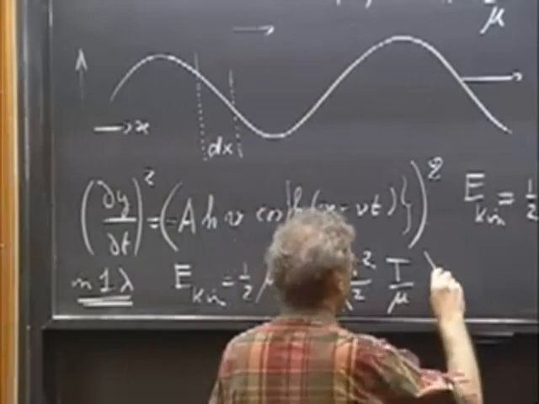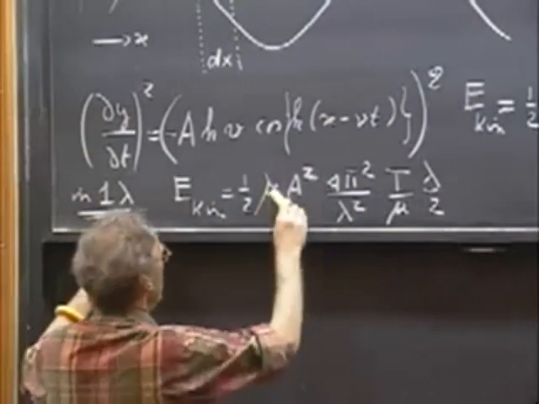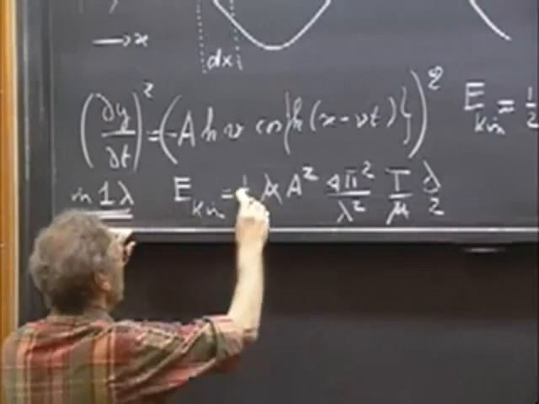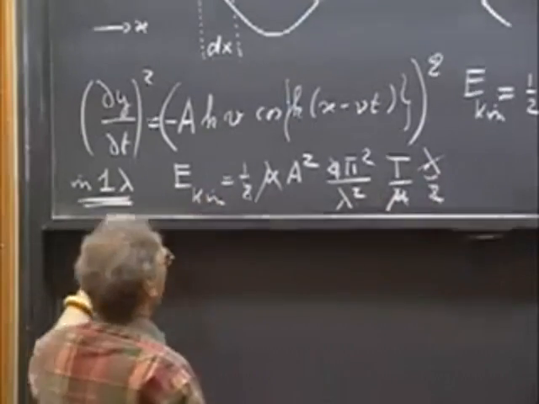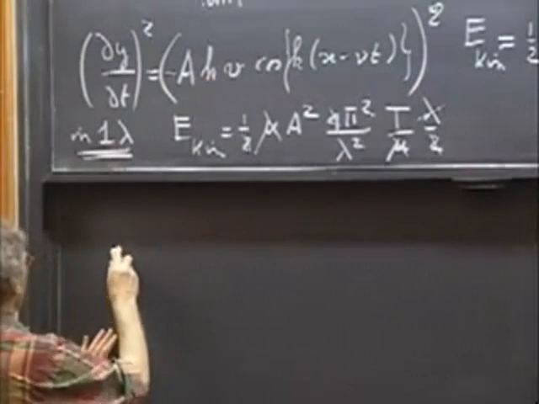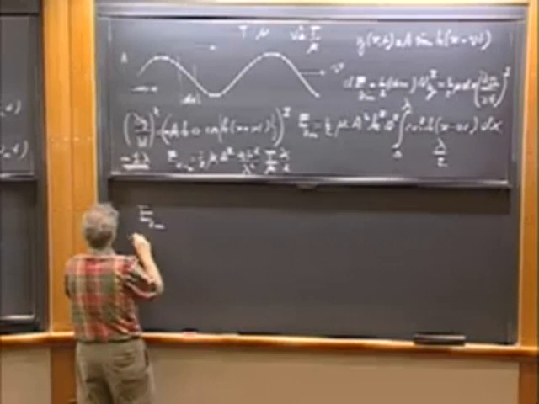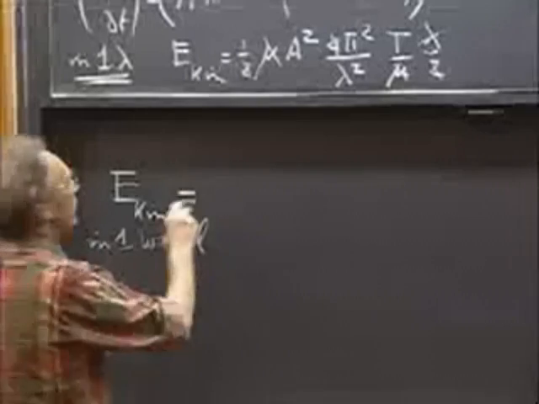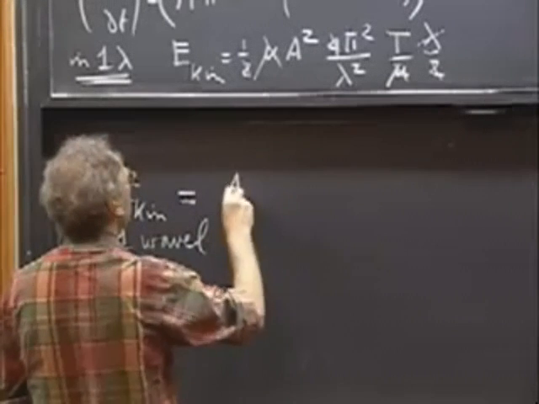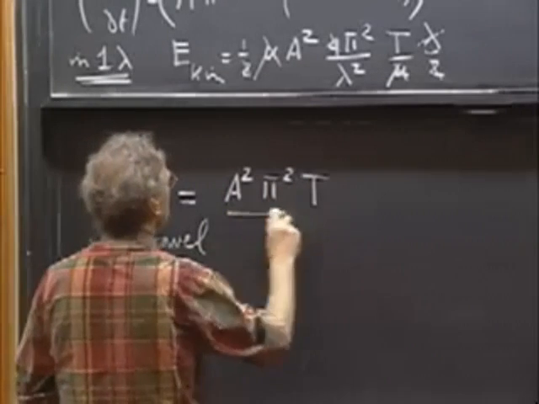And then I have my lambda over 2. Well, this mu kills this mu. This 2 kills this 4 and this 2. And 1 lambda kills 1 lambda here. So now I have the final result that E kinetic in one wavelength equals A squared times pi squared times T divided by lambda.